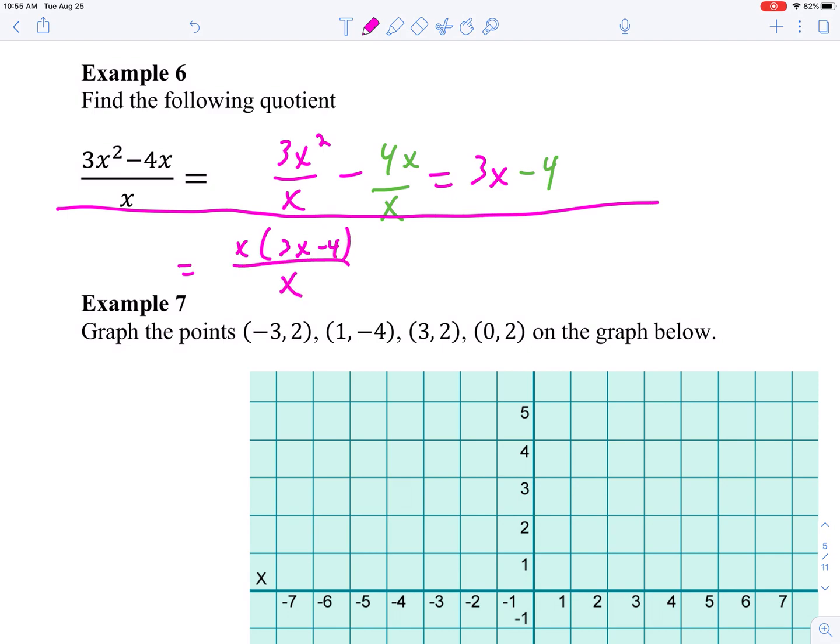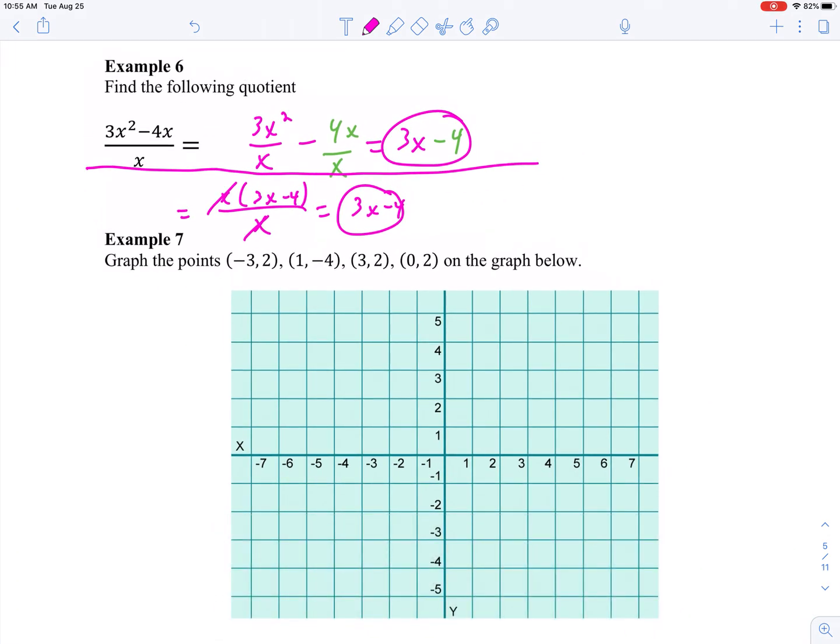I just factored an x out of the numerator. Well, we know x divided by x is 1, so it goes away. So 3x minus 4. Either way, you get the same answer if done correctly. All right, practice that stuff too.